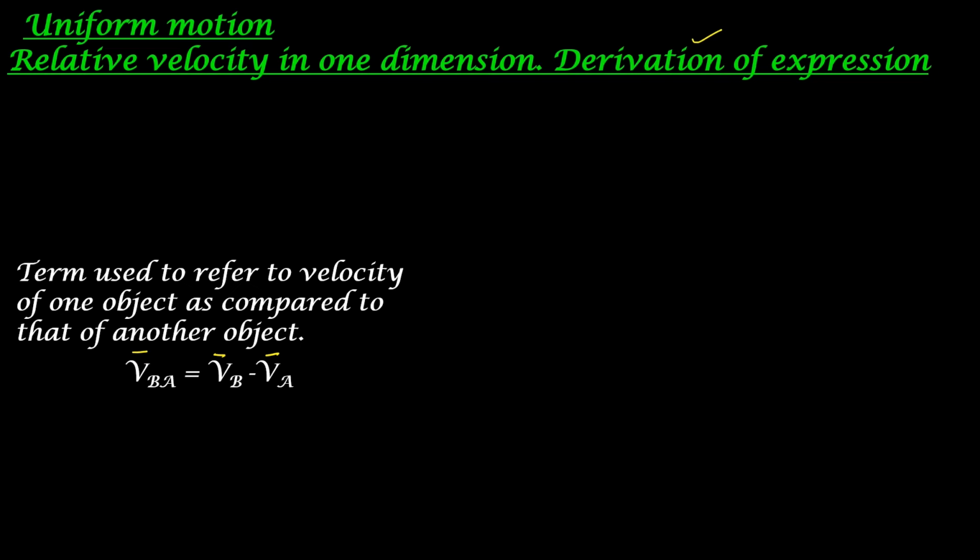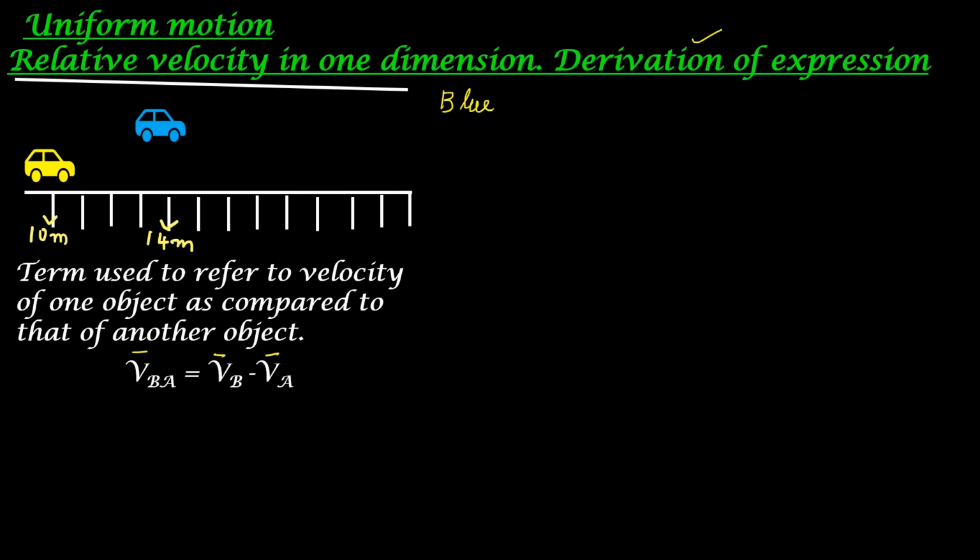This is just for easiness, and moreover, when we come to derivation, these quantities and units do not have any significance. Okay? Let the blue car be the object B and it is traveling with uniform velocity VB, and yellow car is object A moving with uniform velocity VA, where VB is not equal to VA.